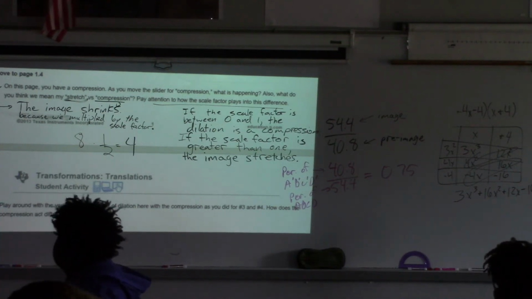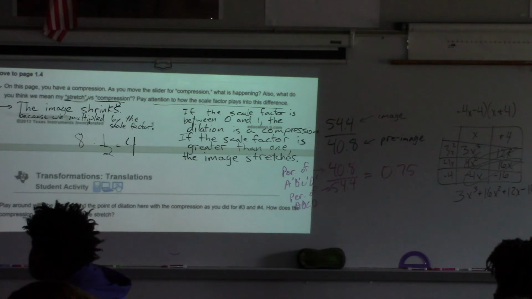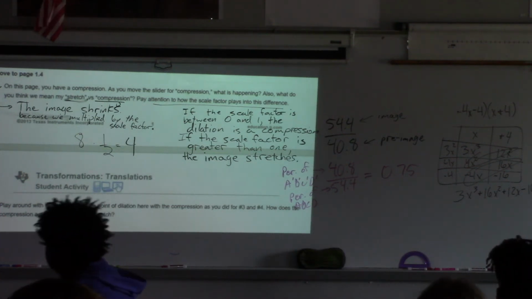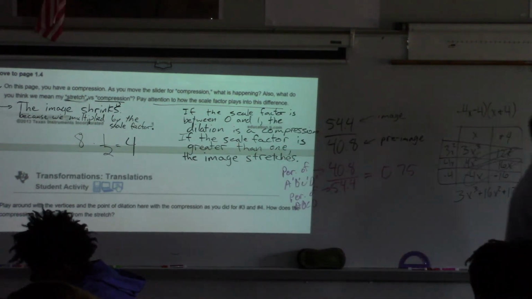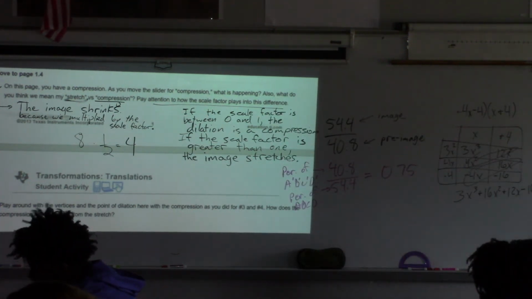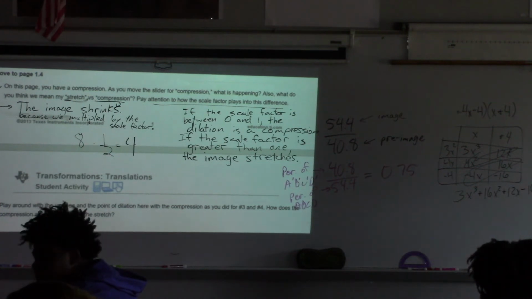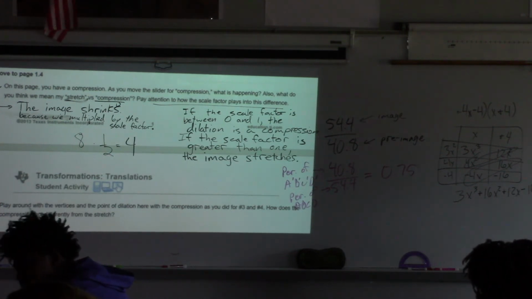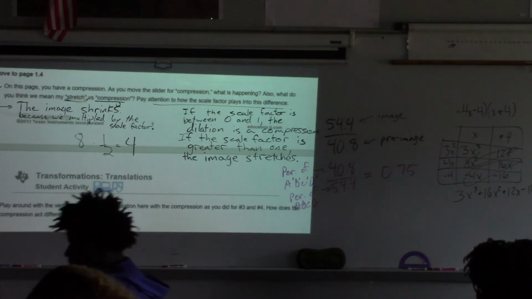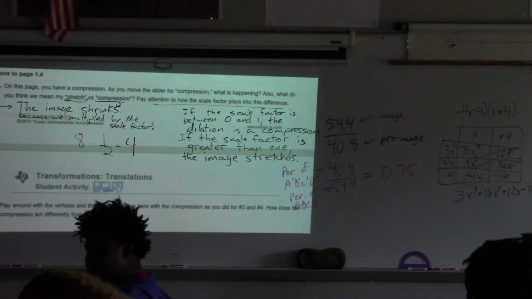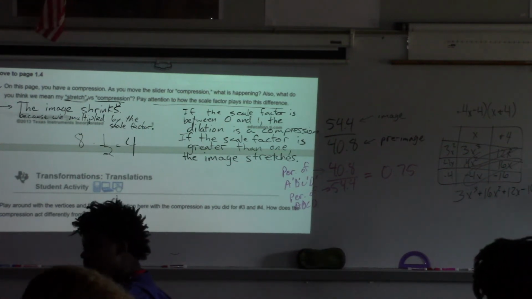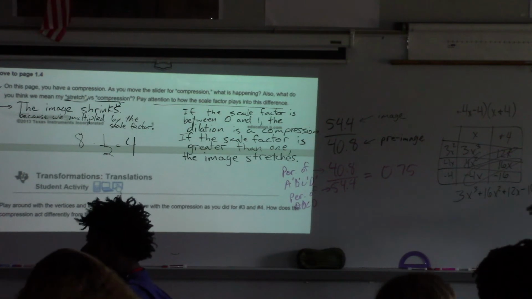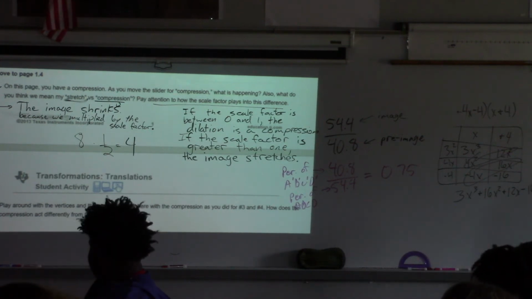One just makes it smaller and one makes it bigger. So you would want to make a note on number 7 that compressions act the same as stretches. They act the same.